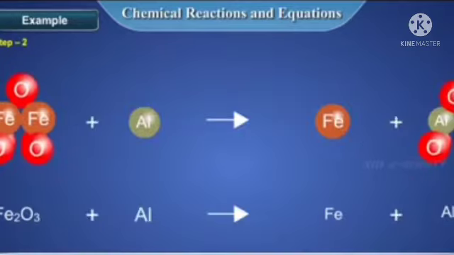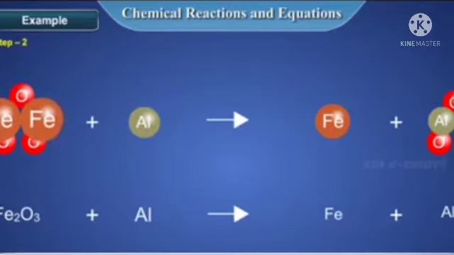Now balance the equation. The number of oxygen atoms is equal on both sides. For the remaining atoms, in iron oxide there are 2 iron atoms, but there is 1 iron atom on the right side.